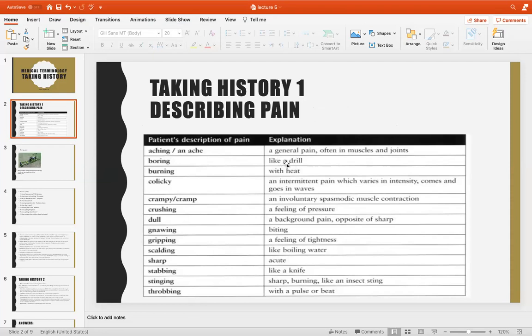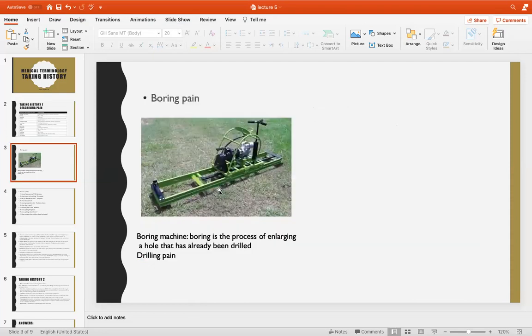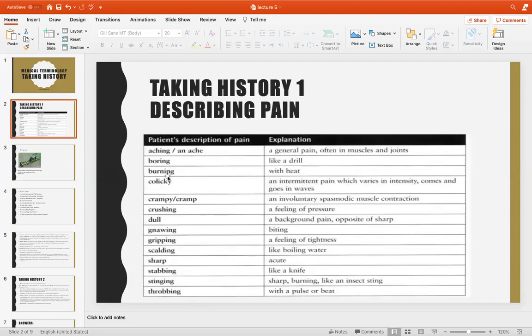Boring, as we said, like a drill, comes from the boring machine, the drilling machine. We have burning, that comes with heat. We have colicky. The word colic in Arabic means مغص. So colicky is an intermittent pain which varies in intensity, comes and goes in waves.